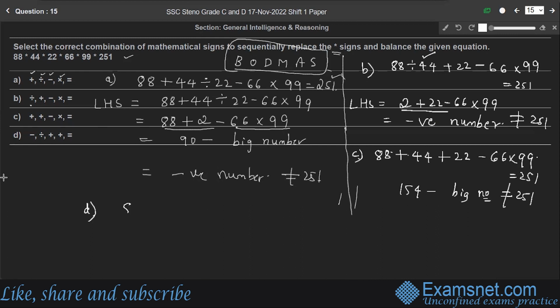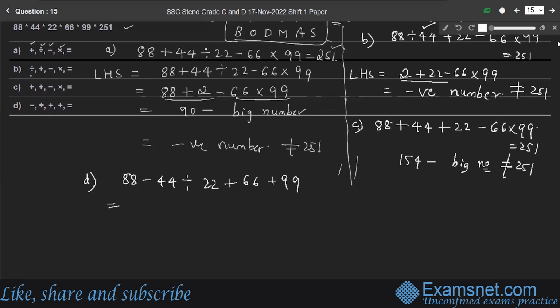Yes, 88 minus 44 divided by 22, right? Plus 66 plus 99. There is no multiplication part here. Yes, 88, directly start with division. Minus 44 divided by 22 is minus 2, plus 66 plus 99.